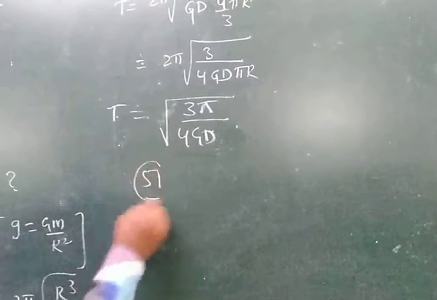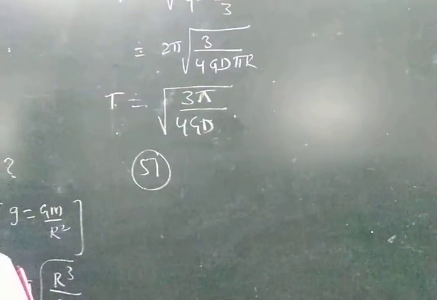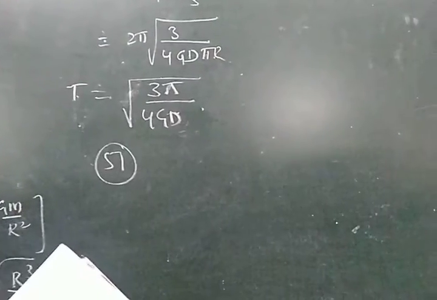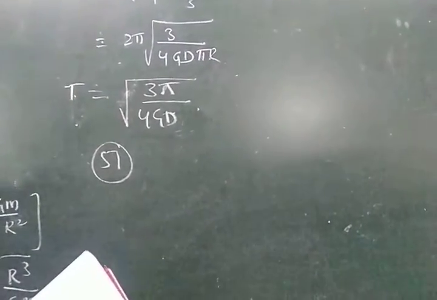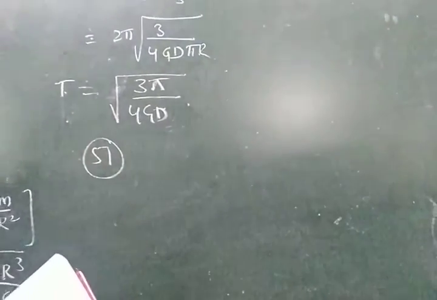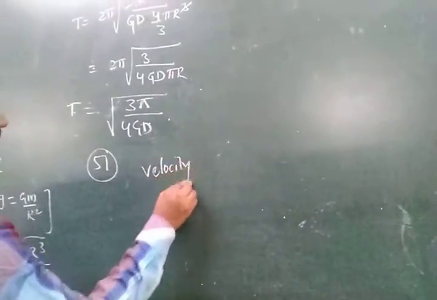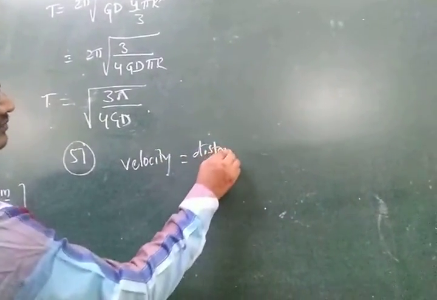Next, question 51. A satellite in a circular orbit around the planet, if the time period of the revolution is T and the radius of the orbit is R, then the orbital velocity is V and the acceleration is asked. We know the formula: velocity is equal to distance by time.